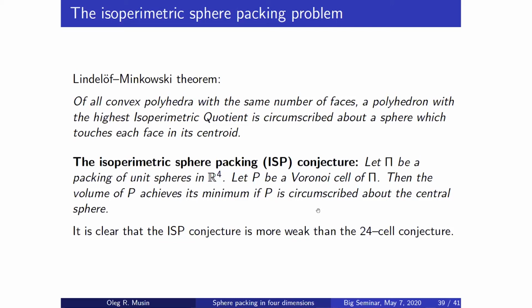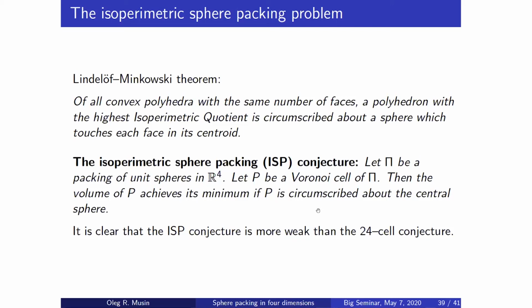Okay, we have a central sphere, right? At one vertex, and around it we have spheres that also form the vertices of a polytope. We can consider the Voronoi cell, and then the volume of the Voronoi cell achieves its minimum if P is circumscribed about the central sphere.